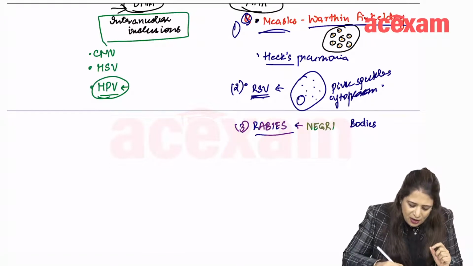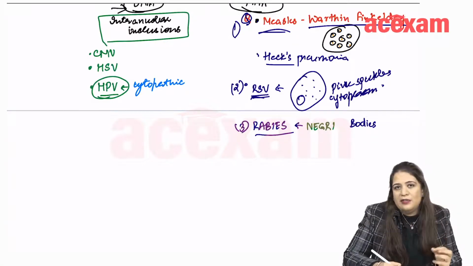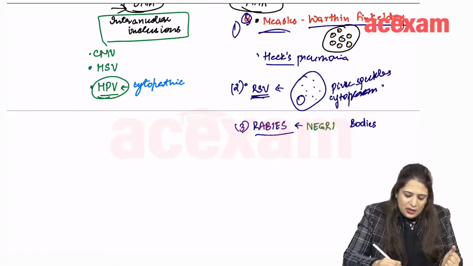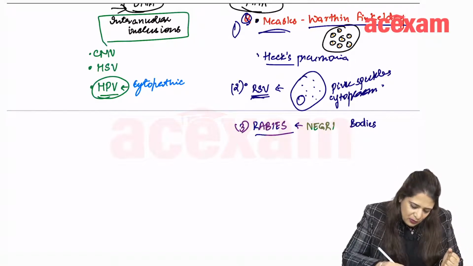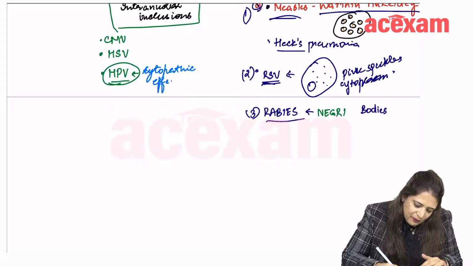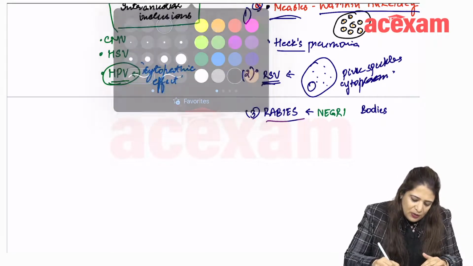And these again you should know, because these cytopathic effects, if you see them in a cervical smear, are almost diagnostic of the LSIL, the low-grade squamous intraepithelial lesion. So the cytopathic effect of HPV is very classical, in which what do you see?